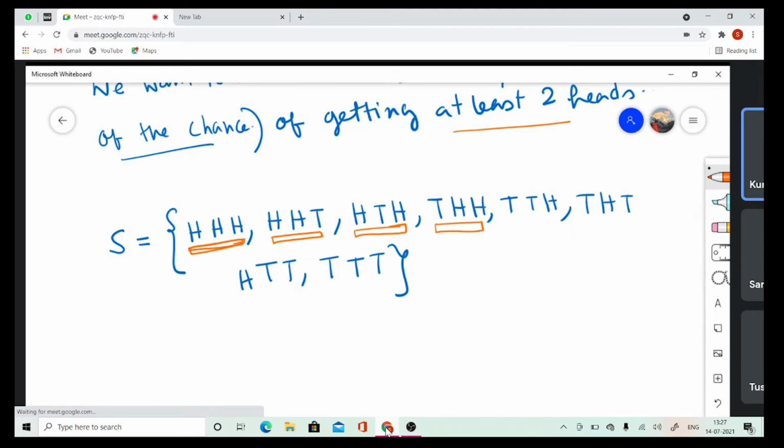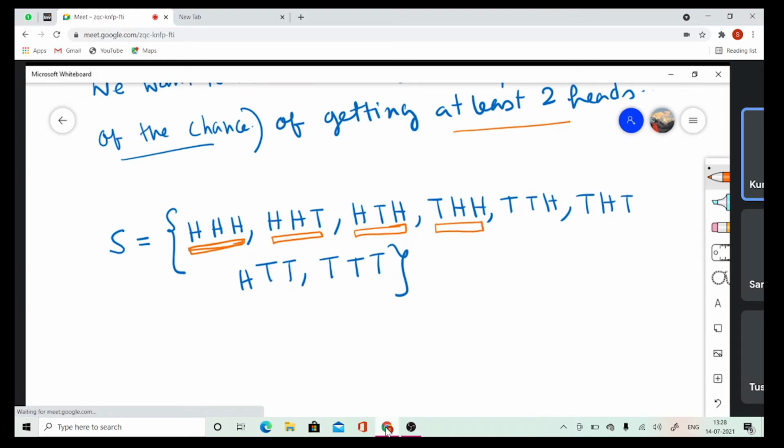This sample space is definitely finite because we have only 8 members inside this sample space. There are 8 members inside this sample space, so it is definitely finite. The classical definition says if the sample space is finite and all the members inside the sample space are equally likely to occur.